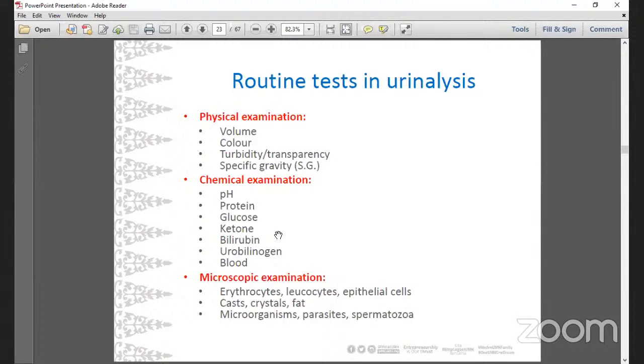And then microscopic examination: the urine sample, we can centrifuge, then stain with the right stain, and when we check under the microscope, we might see presence of erythrocytes, leukocytes, epithelial cells, casts, crystals, or even fat. And we may also observe microorganisms like bacteria, parasites, and also spermatozoa in the urine.